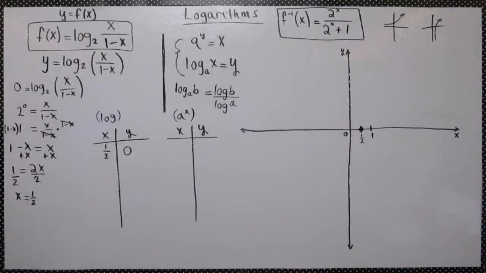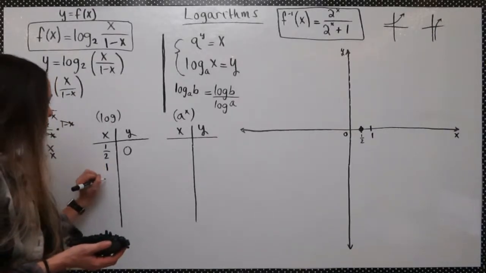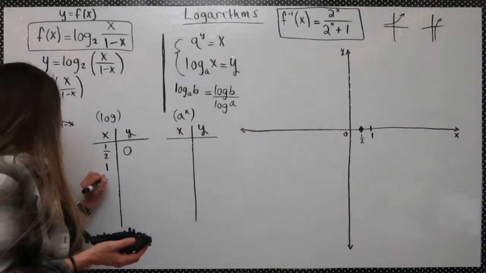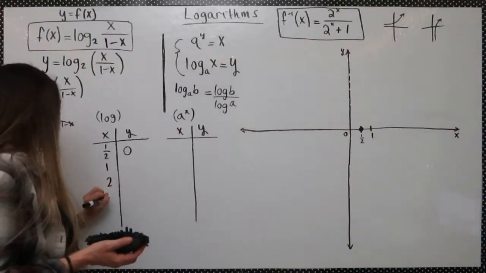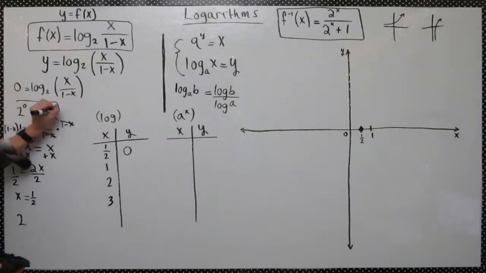So what we'll do is, since we have this, we'll say 1/2. We'll see when x is 1. We'll just put a couple points in here: 1, let's see, 2, and maybe 3. So all we're doing is using this one now.